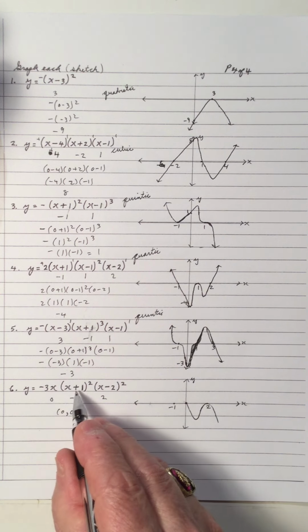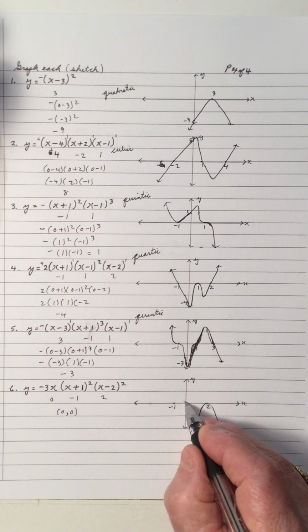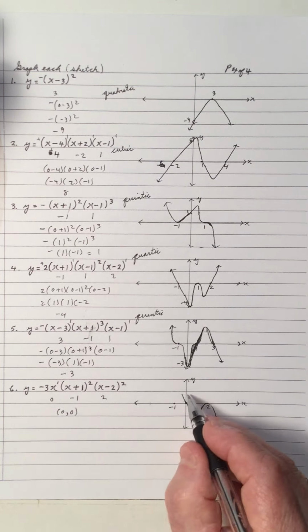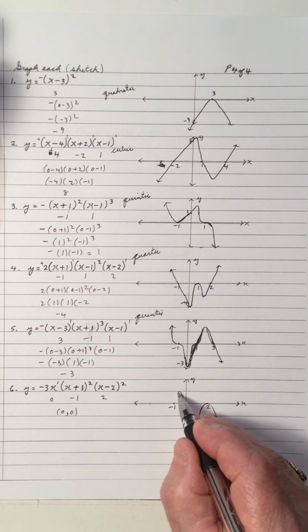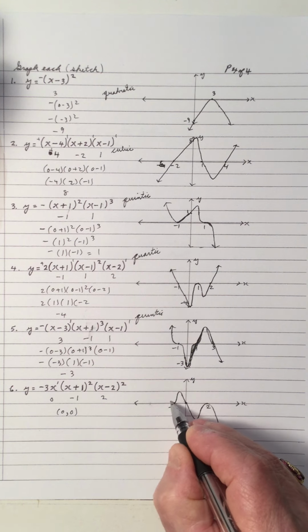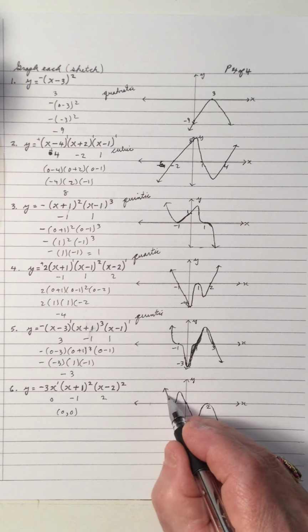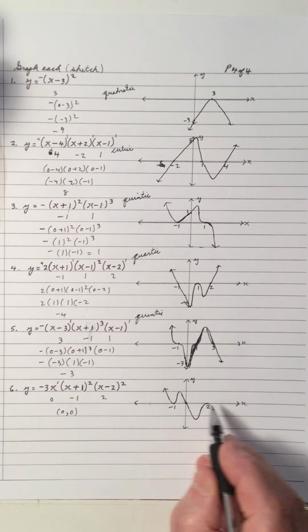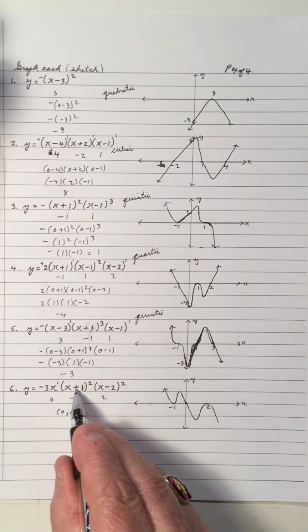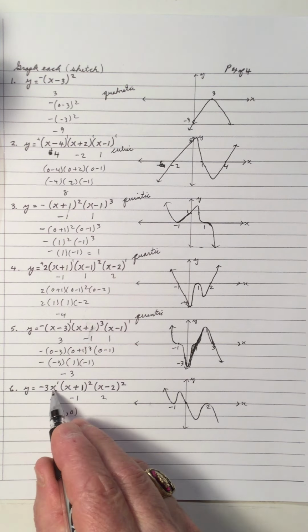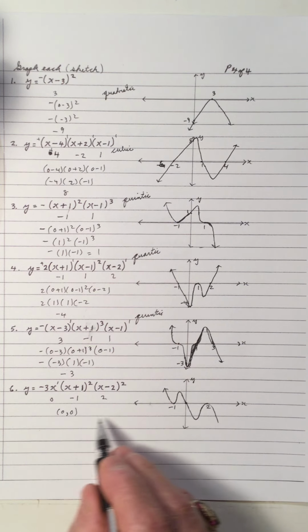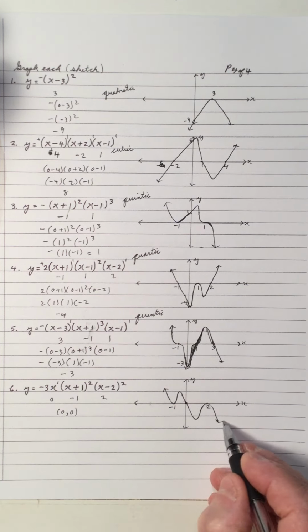And at negative 1, which is the intercept here, is a square, so you've got to bounce, come back down, and there it is. So it's a parabola at 2, perfect. It's a parabola at negative 1, perfect. It goes on through at x at 0, and it's coming up from the bottom.